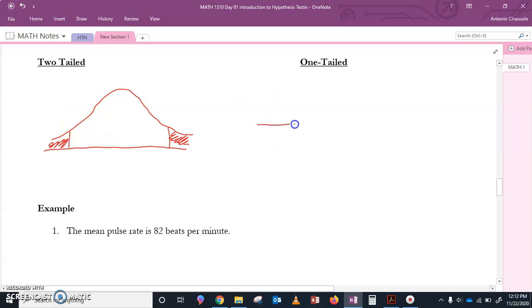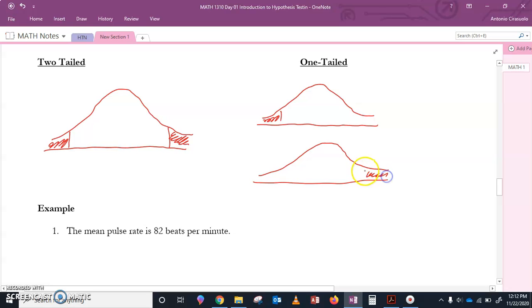One tail means that either the tail is on the left-hand side or the tail is on the right-hand side. All right? And so this is your left tail and right tail.